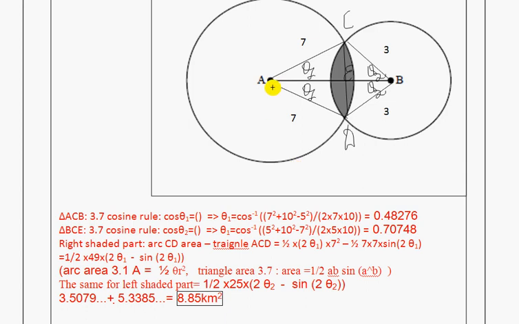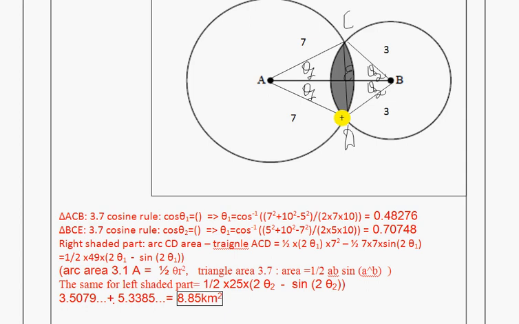So to find the area, for example, of this shaded area, I should find the area of the sector minus the area of the triangle, or I can find this sector minus the ACD triangle. How can I find the angle? So I need angle theta 1.